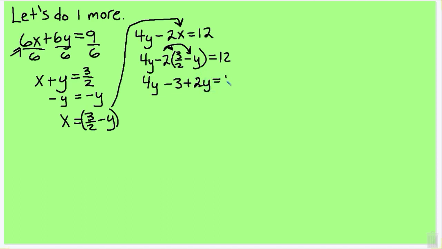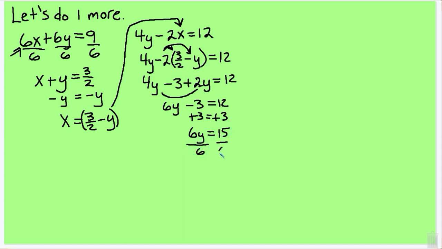So now I'm going to combine like terms. And 4y and 2y make 6y minus 3, and that equals 12. I'm going to add 3 to both sides. So now I get 6y is equal to 15.